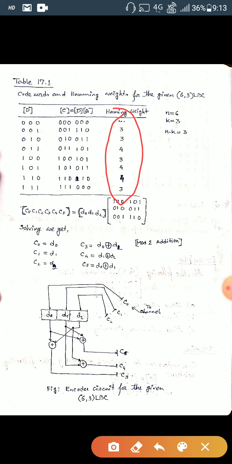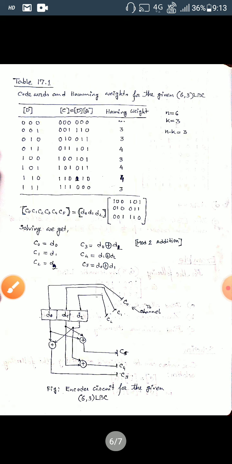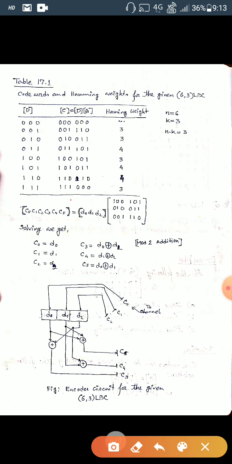Now, if you design the encoder diagram or encoder circuit, because the question also says to draw the encoder circuit, you just follow the process. We already know that v = u times G. Here c is written for the code word, and let it be c0, c1 up to c5.